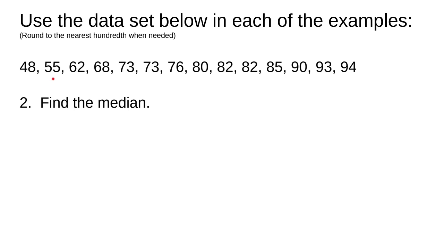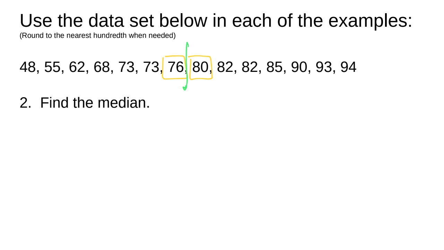So 1, 2, 3, 4, 5, 6, 7 would put me at 76. So right here. And if we count 7 from the other side, we're going to be at 80. So the median is right here.